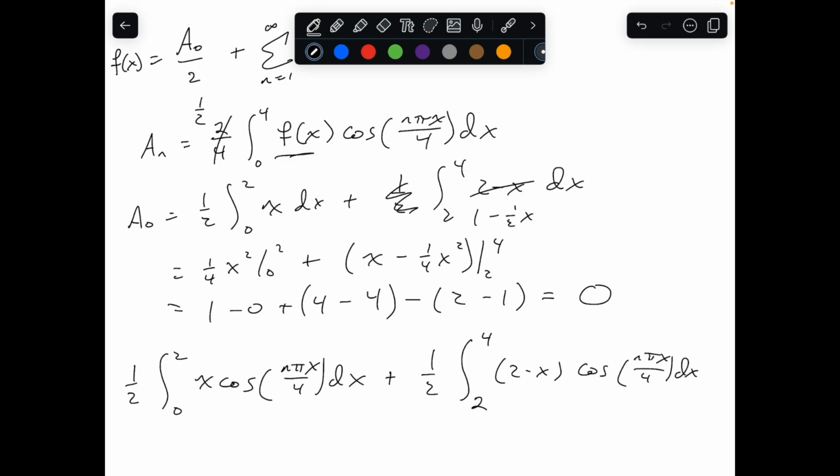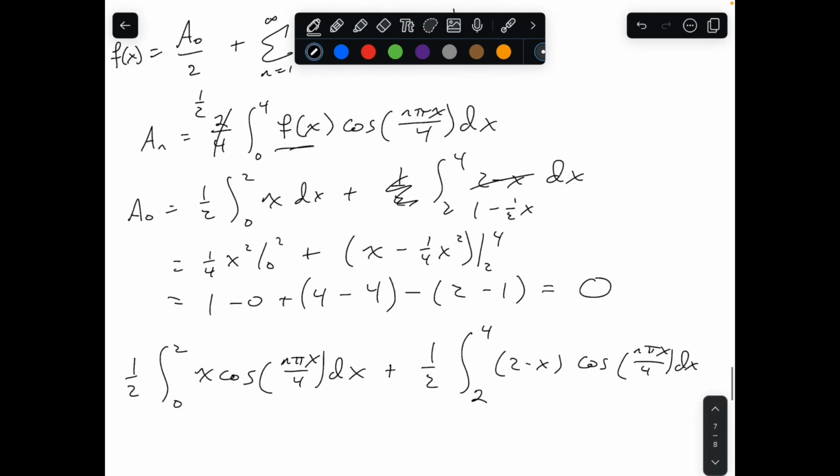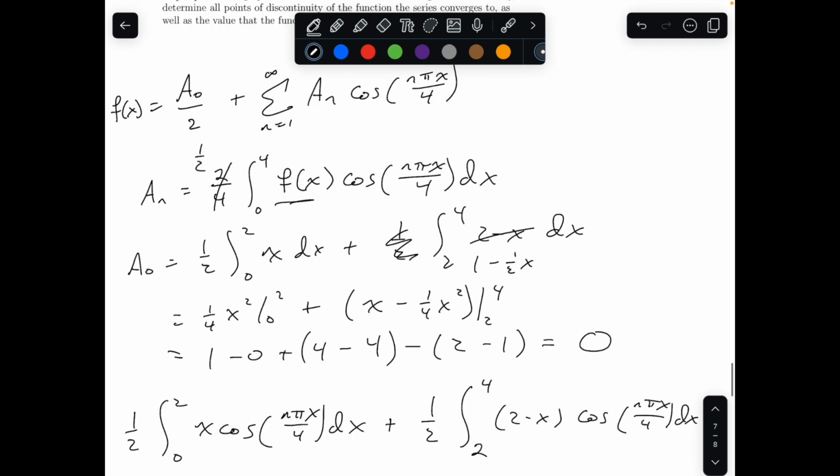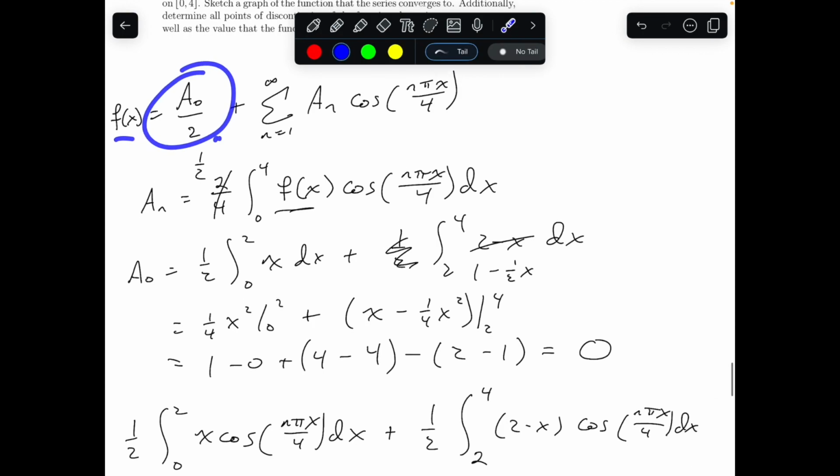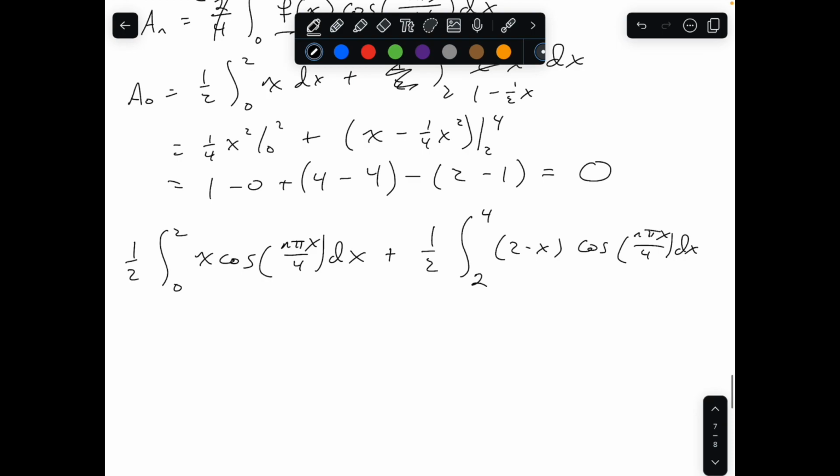Okay, so your A0 ends up being 0. If it ended up being 5, just remember that when you plug it into your final answer, that first coefficient you need to divide by 2. So if this was a 5, then in your final answer you'd have 5 over 2 and then plus some other stuff.